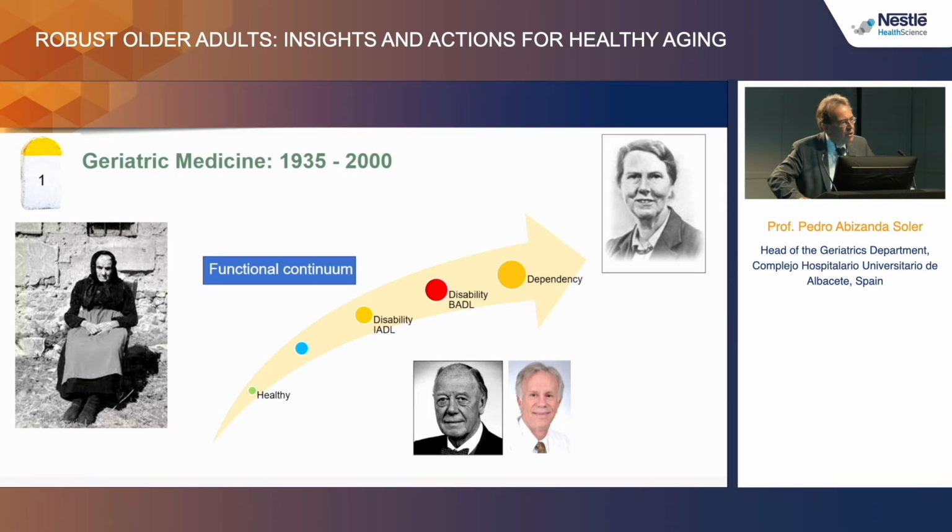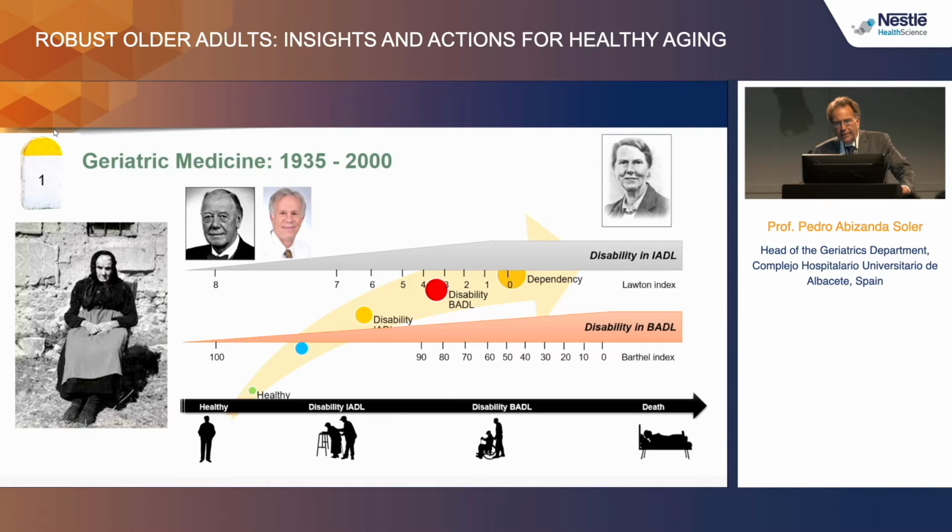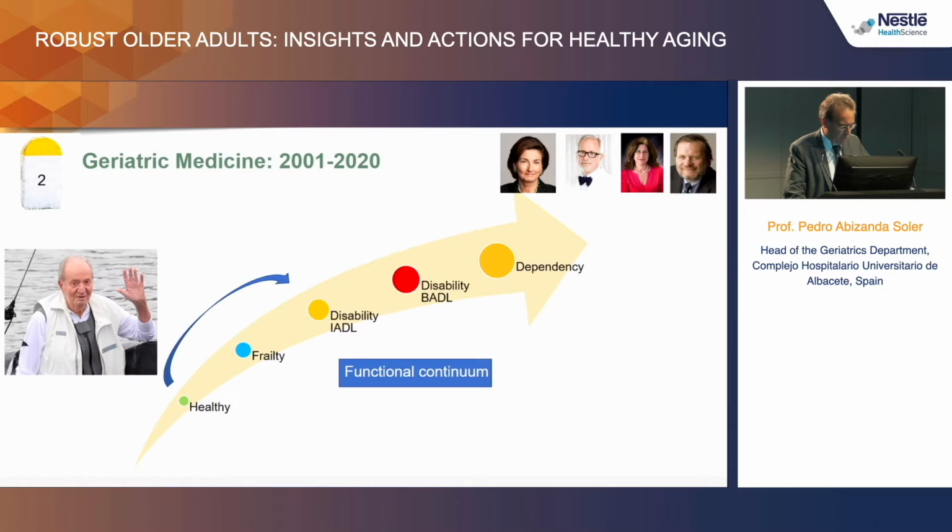Her research was followed by many great researchers like John Brocklehurst or Lawrence Zachary Rubenstein. They taught us how to manage, how to measure, how to deal with disability and dependency. And they shared some instruments with us, like the Barthel Index, Lawton Index. We all know them.